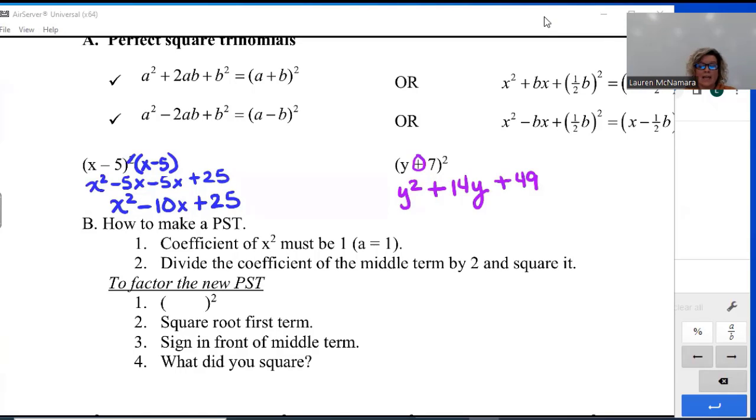So looking at these two, positive perfect square, positive perfect square. The sign of my binomial is the sign in front of my middle term. And your middle term is repeating or doubling, timesing by 2.